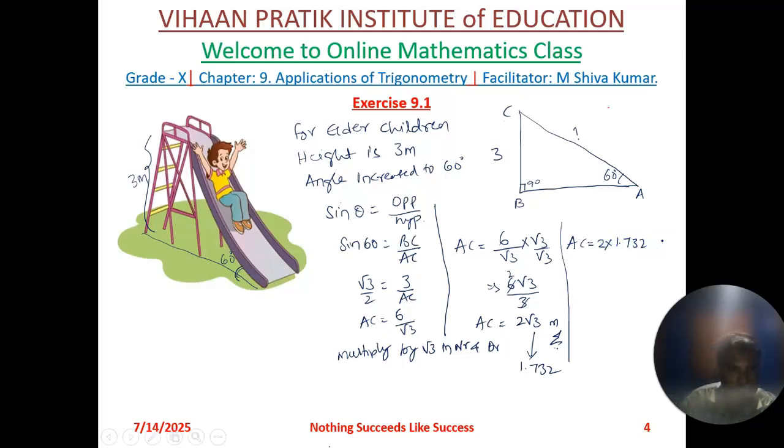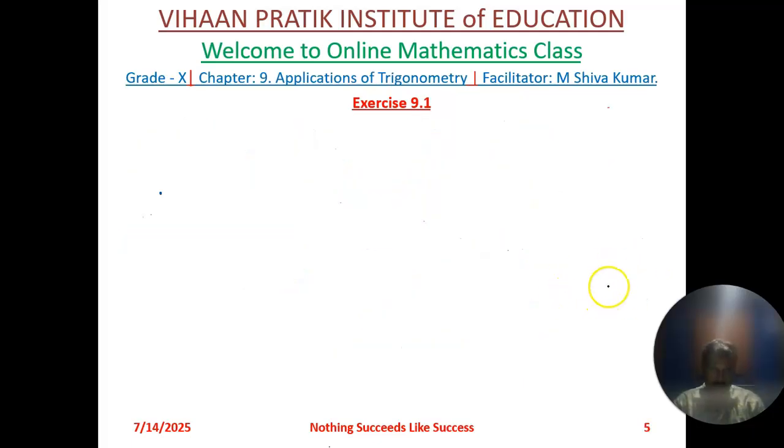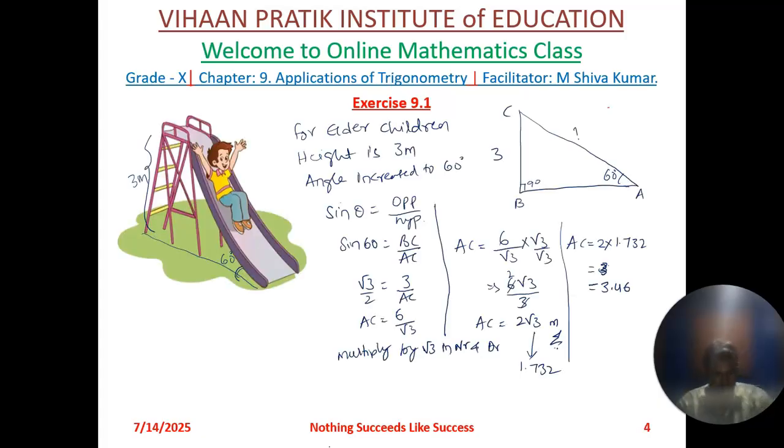Multiplying 2 with 1.732, which is the value of root 3, we get 3.464 meters as the answer.